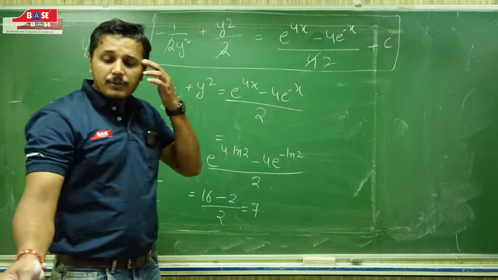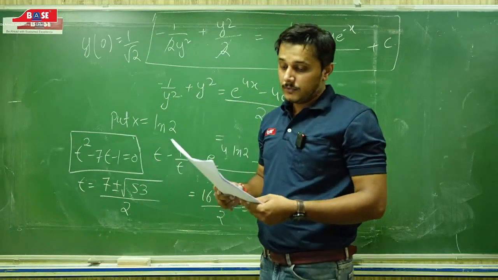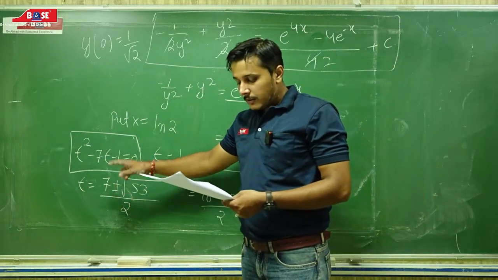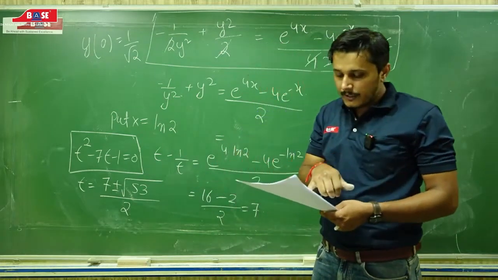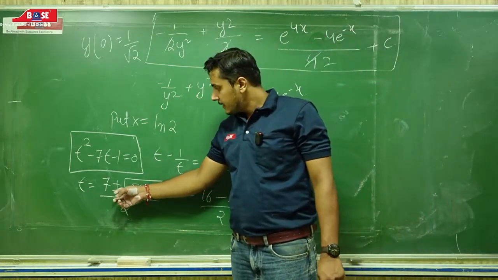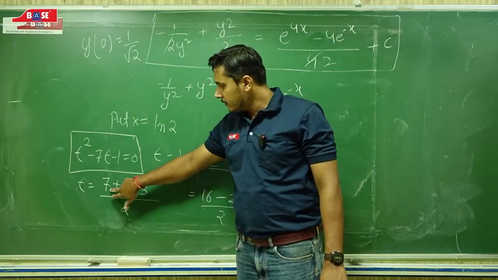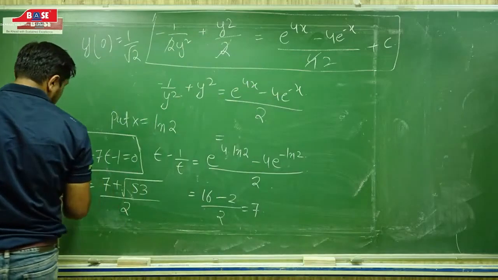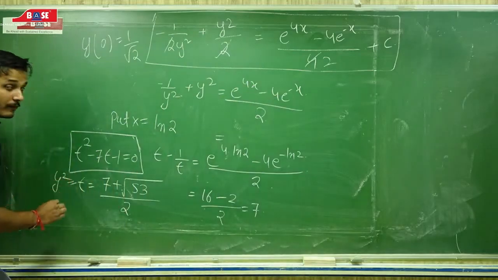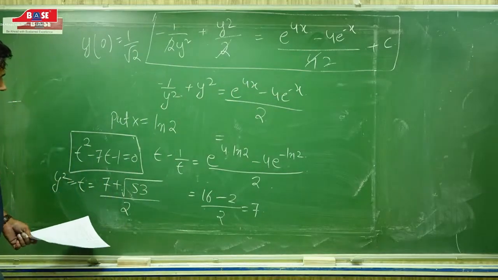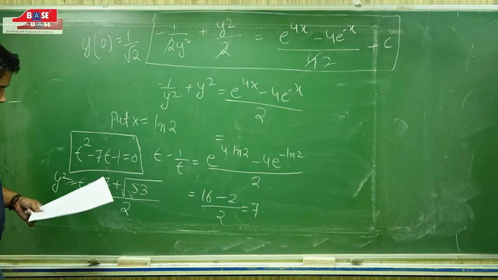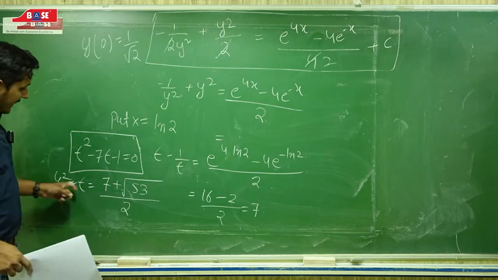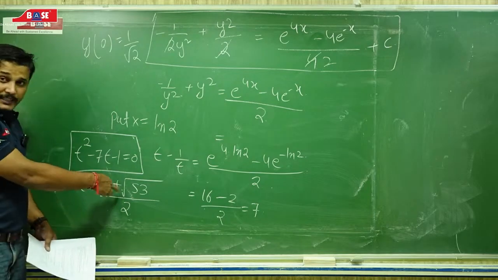Now the information given in the question is that the function is defined from minus infinity to 0, because the options have everything plus. So the range of the function is going to be positive only, but if I use minus it will become negative. So we have to remove this minus sign, and this will be my y square, because t is y square, and y square cannot be negative, that's why I am removing it.